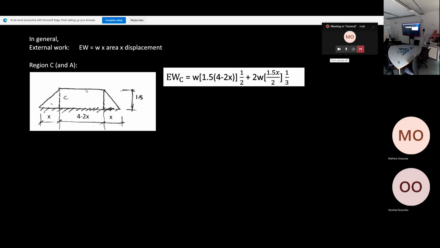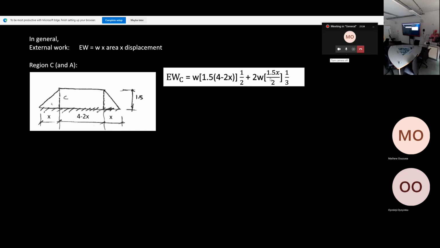Remember the displacement here at the maximum curvature is 1, so we take the average displacement, which is half of 1, so 1 over 2. Is that clear? Plus, now for this triangle, we have the UDL W times the area. What is the area of the triangle? x times 1.5 over 2.